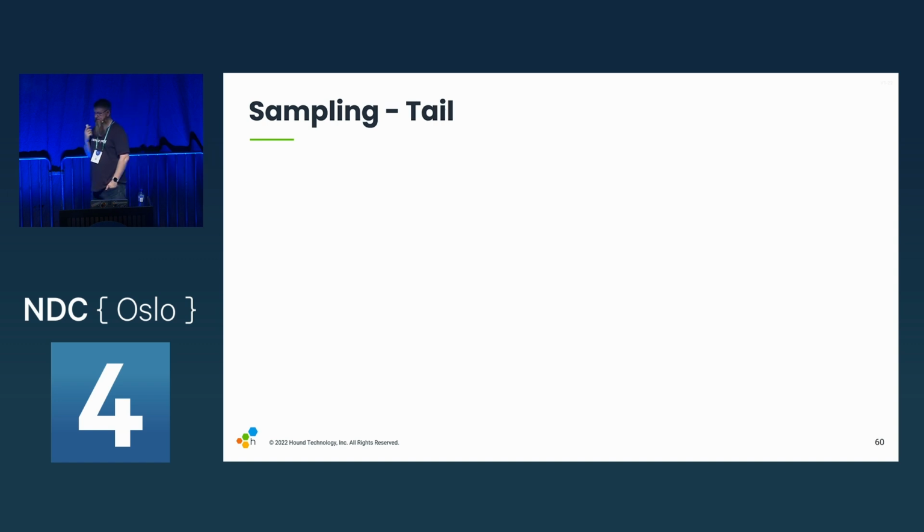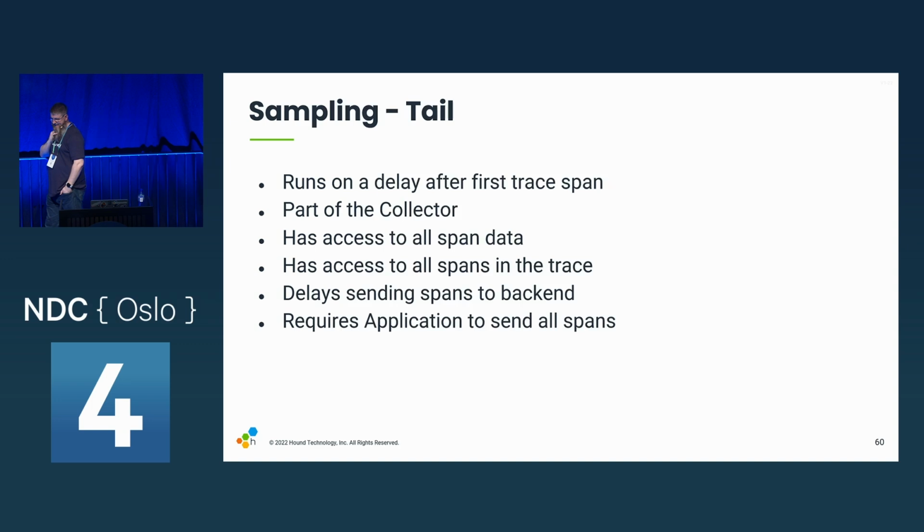Tail sampling is way more complicated. It runs on a delay after the trace has come through, normally part of a collector or some third-party service that you use inside of your data center or at a vendor. It has access to all the span data, though. Every single one of your spans.